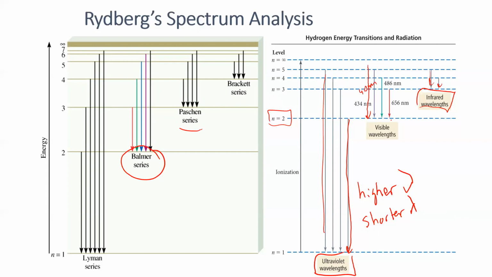And then if it was infrared, which we can't see, but we can use thermal energy, that would be Paschen, and so on and so on. So what line emission spectrums allow us to do is to calculate energy levels for the hydrogen atom. It is a very good indicator of telling us the difference between these energy levels, and it can be supported based on the wavelengths of light that we see in the line emission spectrum and calculating those energy transitions.